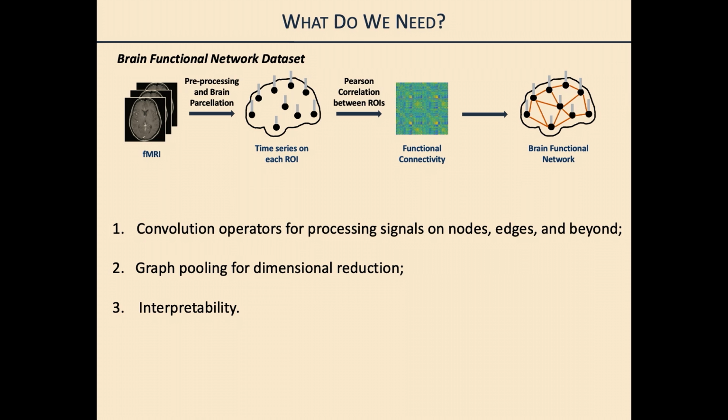And you also have signals on the nodes, and that can be functional time course data, or some other information, for example, cortical thickness information. So in other words, you have functional connectivity, but you can also have node information related to structural information, okay? And then how will we be able to do convolution for both signals?